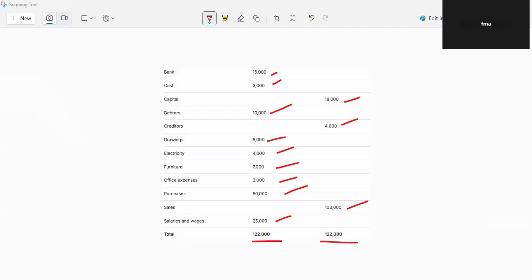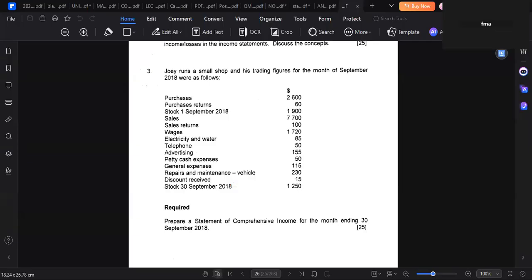So now we want to learn how to prepare the income statement using the information that we are given. So remember the format of the income statement. So we're given the following trial balance, 25 marks. I'm sure you're going to get an A in this course because this is very, very easy compared with the tough things that we're looking at.